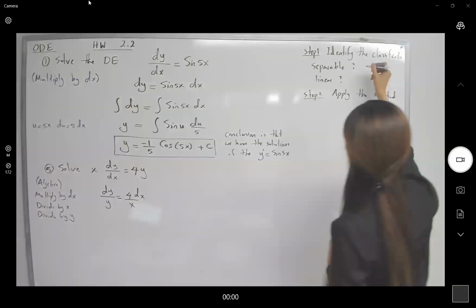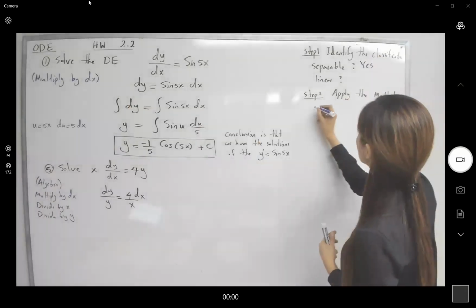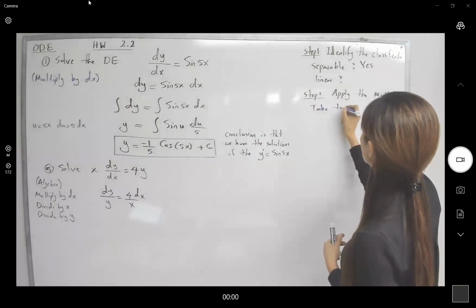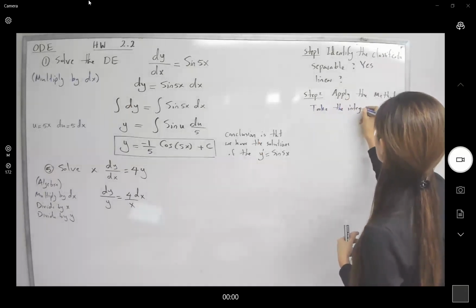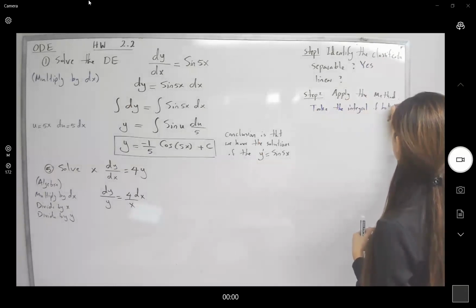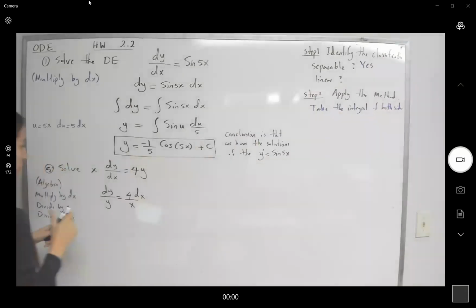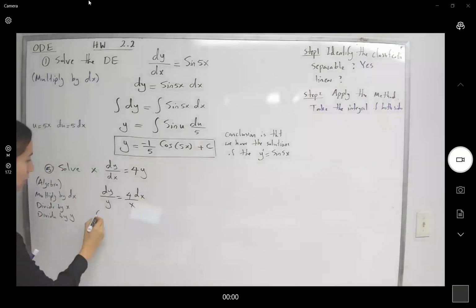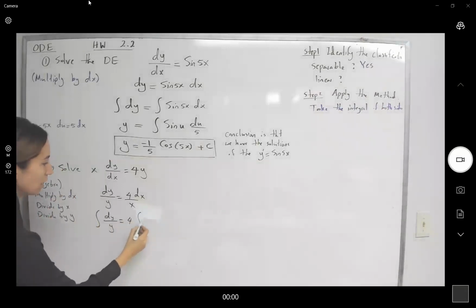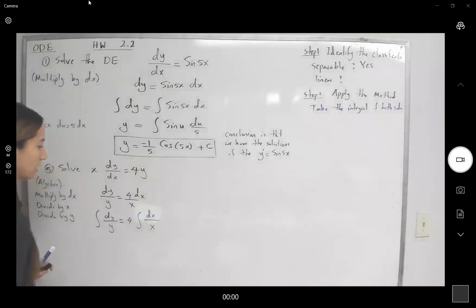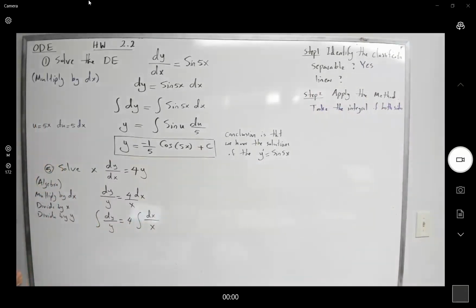So the answer is yes. It means that we have to take the integral of both sides. Very well. So let's see what we have. We have the integral of dy over y equals 4 times the integral of dx over x.